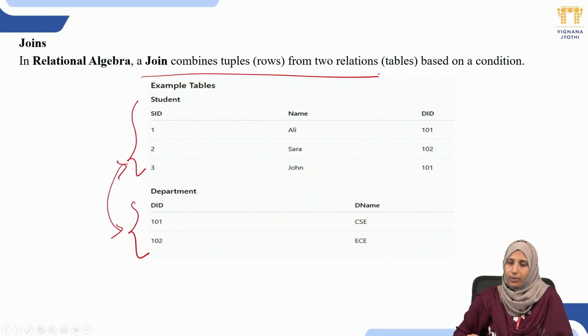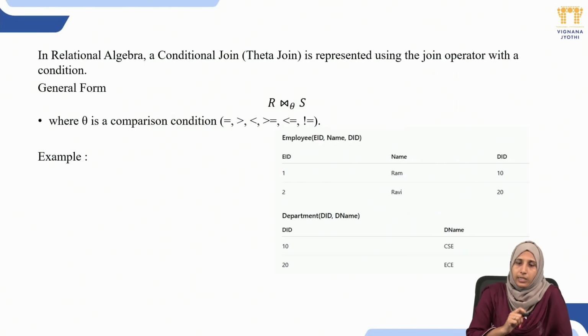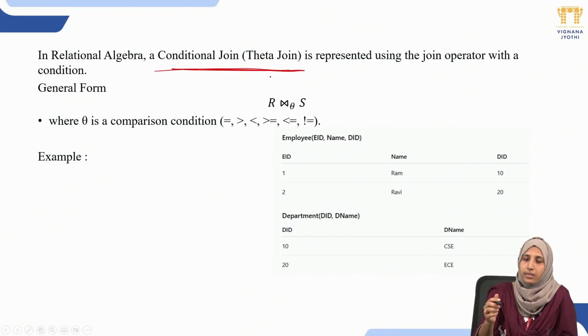When can you apply the join concept? When you have a common column between table 1 and table 2. That is the very basic condition. If you want to work with the join concept, you need at least one common column between table 1 and table 2. In relational algebra, the first join is the conditional join. We can refer to that as theta join also. How to represent that?